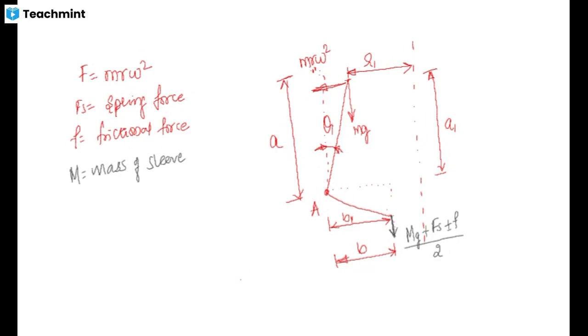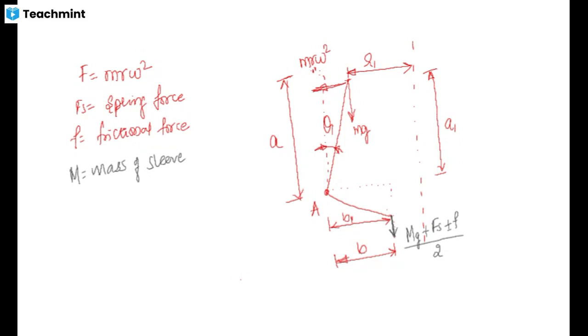Now, taking moment about point A and equating it to 0 for equilibrium condition. So now let us go for the first case, that is at radius r1.